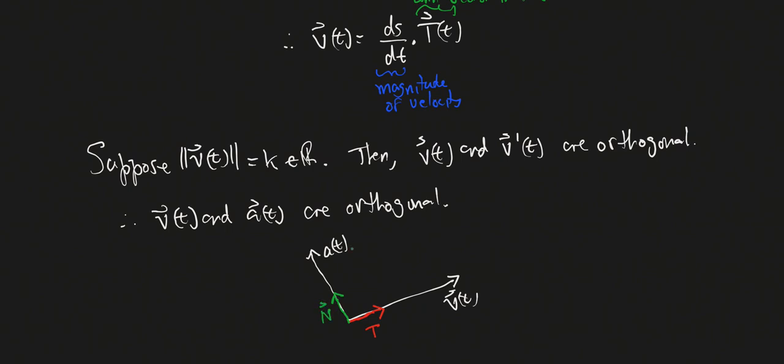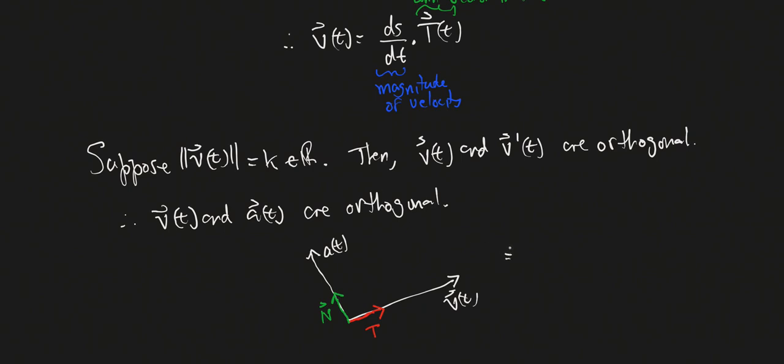So basically, whenever velocity and acceleration are orthogonal, and that occurs when the speed is constant, you will have velocity be a scalar multiple of T, and acceleration will be a scalar multiple of N. For now I'll just say some scalar; we're not going to write it down explicitly just yet.